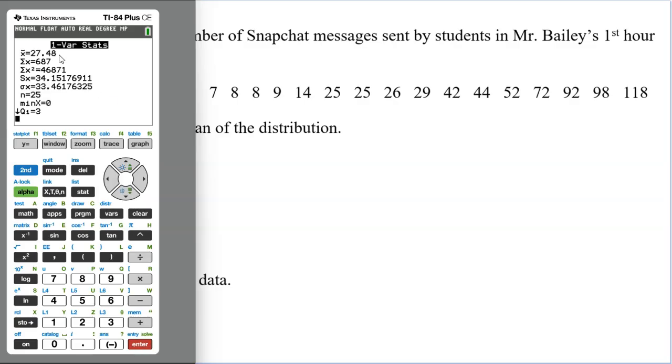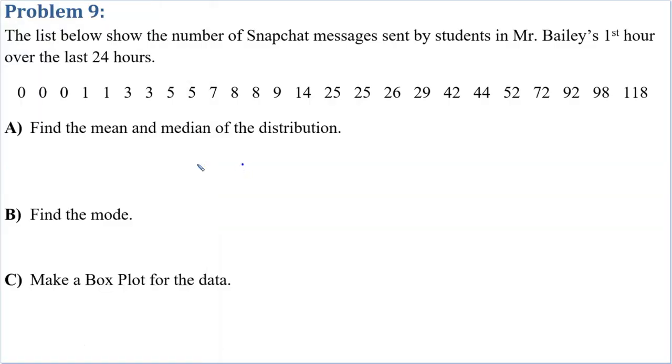When I do that, it gives me my mean, which is that x-bar. It also gives me the minimum value, the Q1, Med for median, Q3, and then the max. So based on that, I can come up with the mean and median of the distribution.